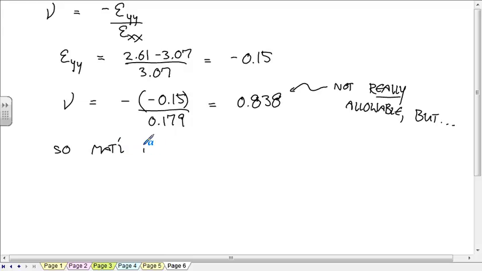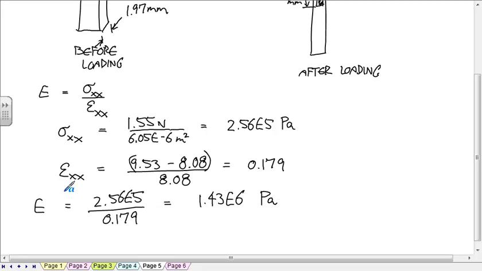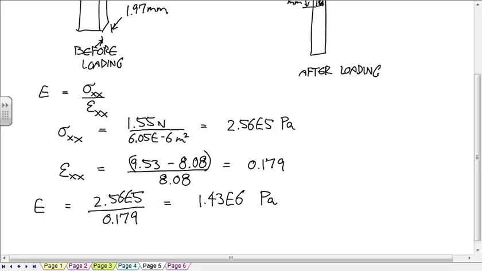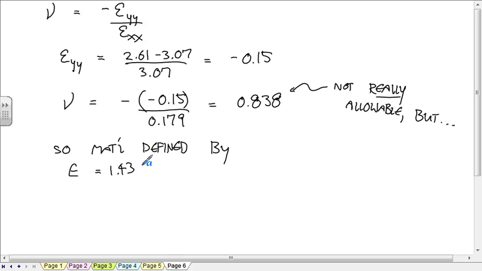So the material is defined by E equals 1.43 times 10 to the 6. Poisson's ratio is equal to 0.838. Young's modulus, by the way, is in pascals.